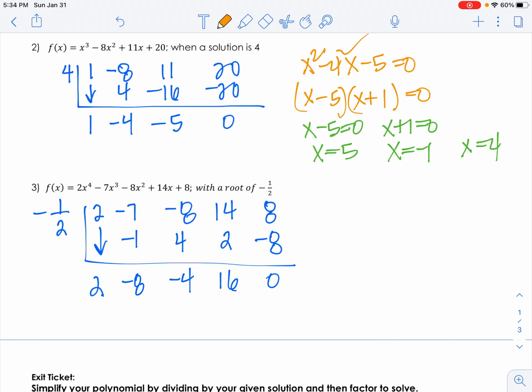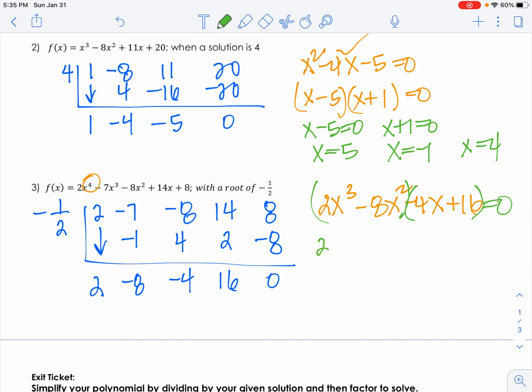Easy. Okay, now if I need to factor this, I have 2x to the third, right? I started with a 4, so now my degree is 3. Minus 8x squared minus 4x plus 16. Now, if we think about factoring, something like this has 4 terms, so I'm going to factor by grouping.